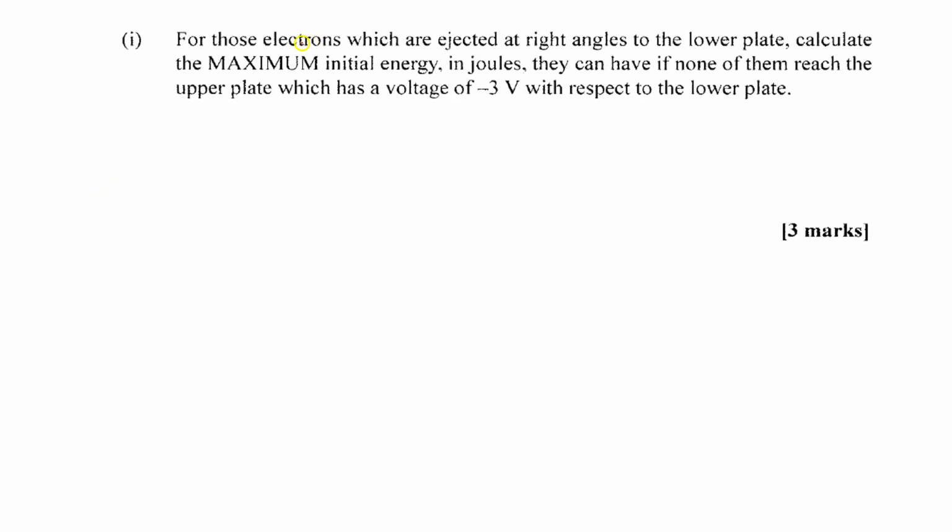Now it says for these electrons which are ejected at right angles to the lower plate, calculate the maximum initial energy in joules they can have if none of them reaches the upper plate, which has a potential difference of minus 3 volts with respect to the lower plate.